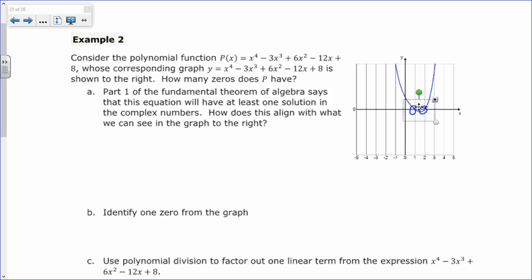So what I want to say here is, since the part 2 exercise, there appear to be two zeros.